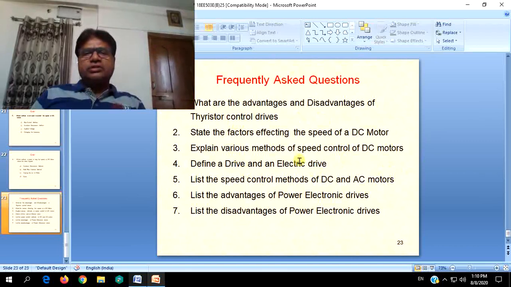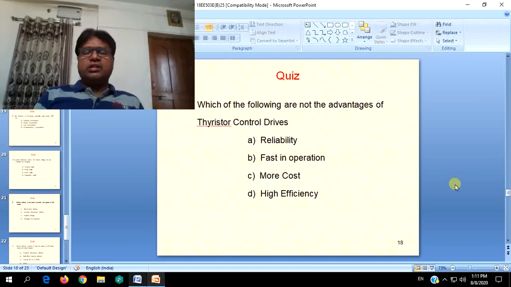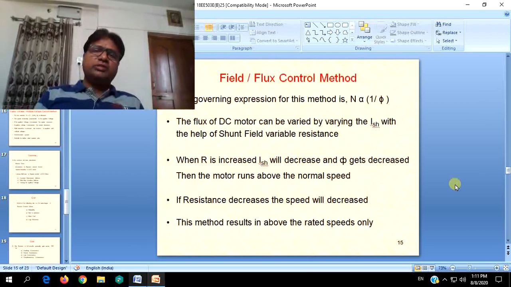Frequently asked questions: advantages and disadvantages of thyristor controlled drives, factors affecting, explain the methods of speed control, define a drive and electric drive, list the speed control methods, advantages and disadvantages of power electronic drives. These are the concepts which we have revised regarding the speed control of DC motors.